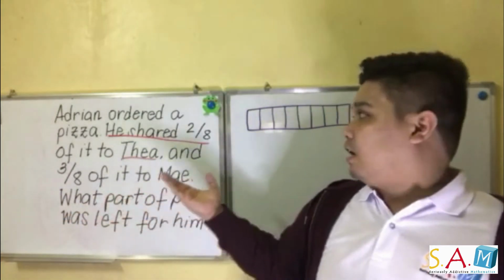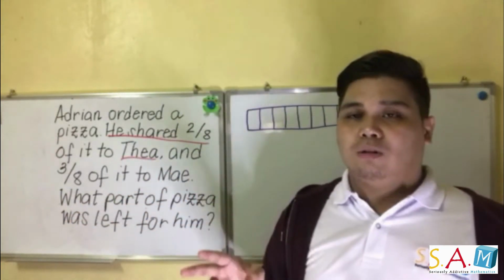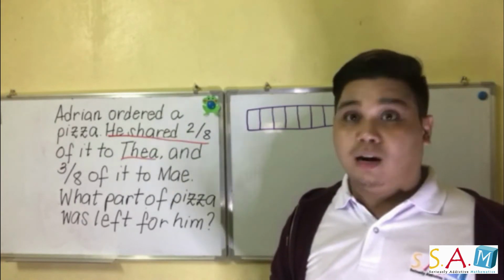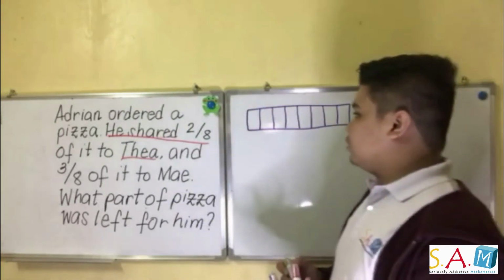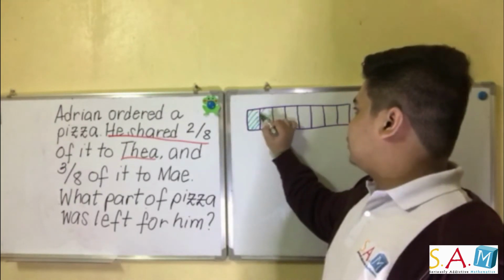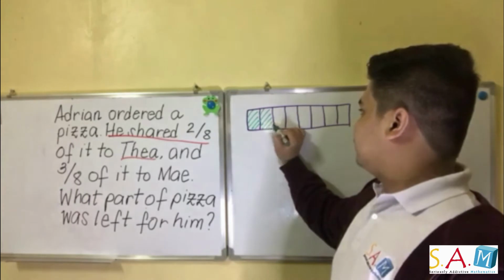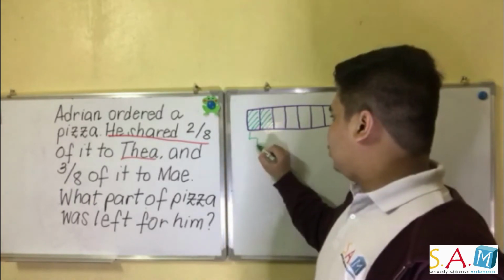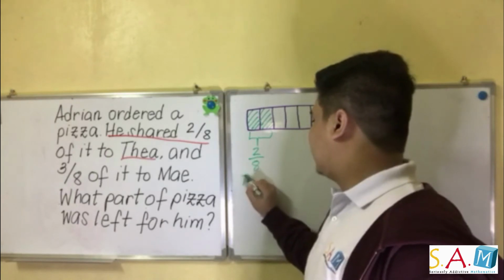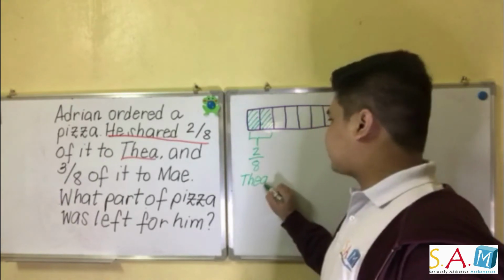That's why 2/8 part of the pizza will be gone. Okay? So let's shade 2/8 of it. So this is 1/8, 2/8. So this will be 2/8, and this is for Thea.